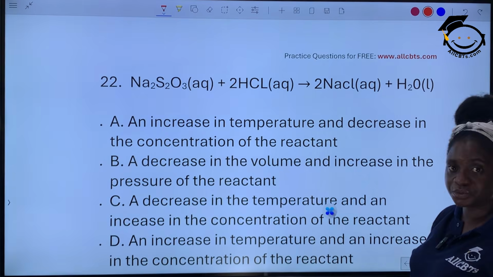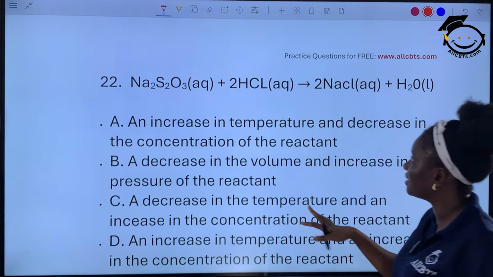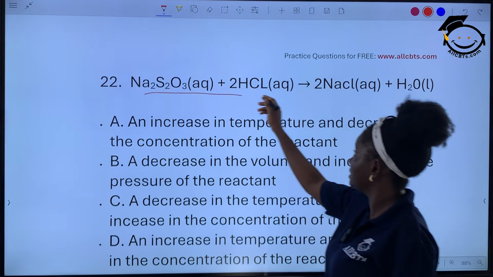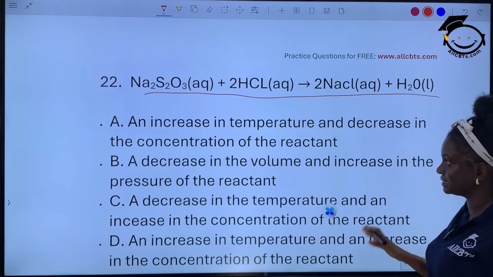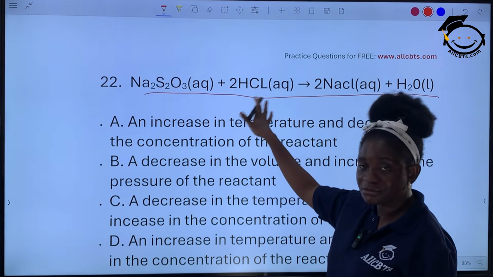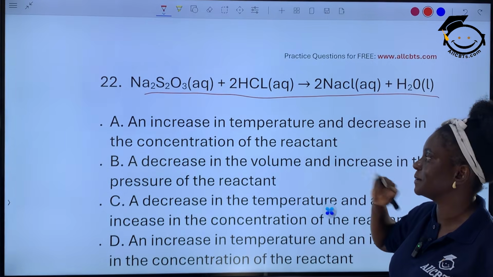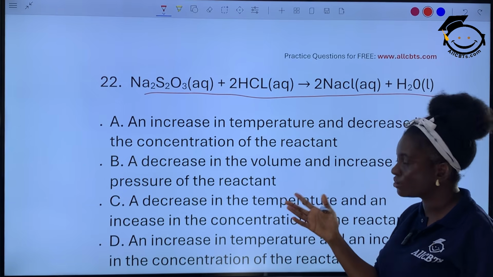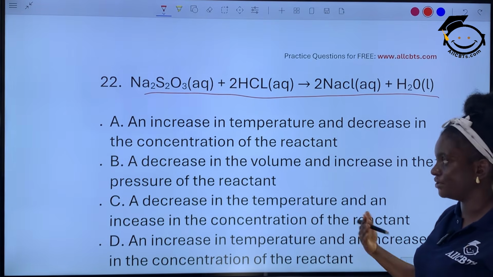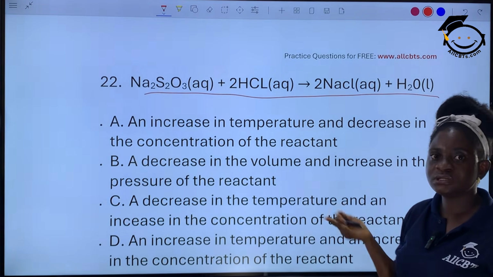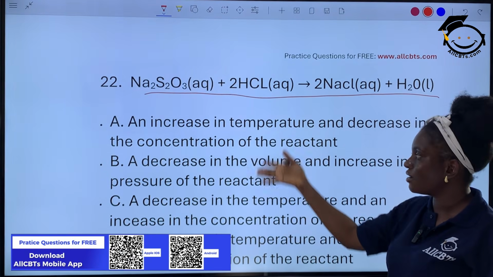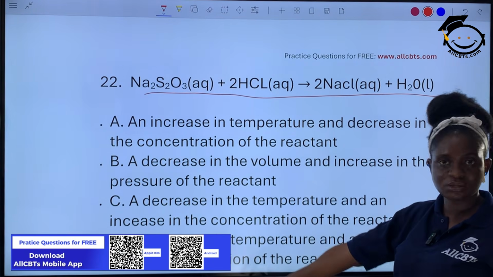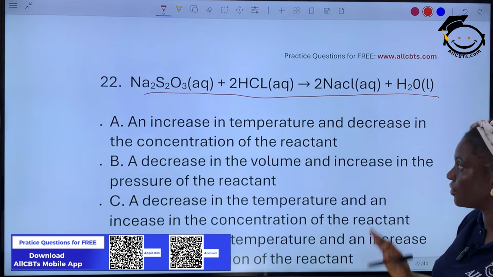Question 22. In this question, we have an equation that is well written and balanced, and this is a reaction that is taking place here. So for the options, we have factors that affect the rate of reaction. We have to deduce which of these factors listed here is correct.